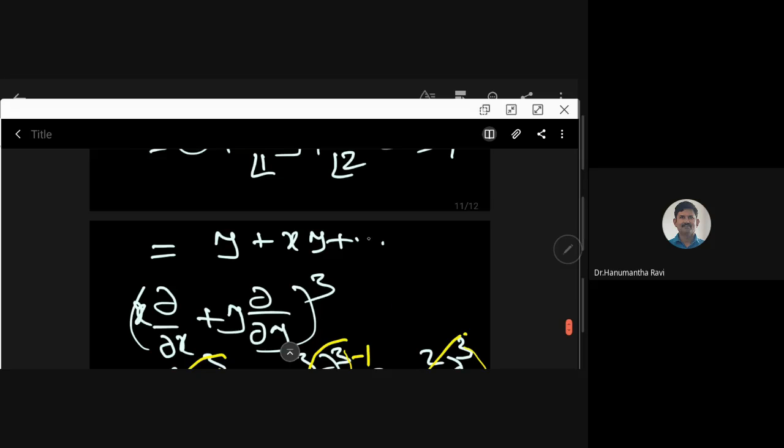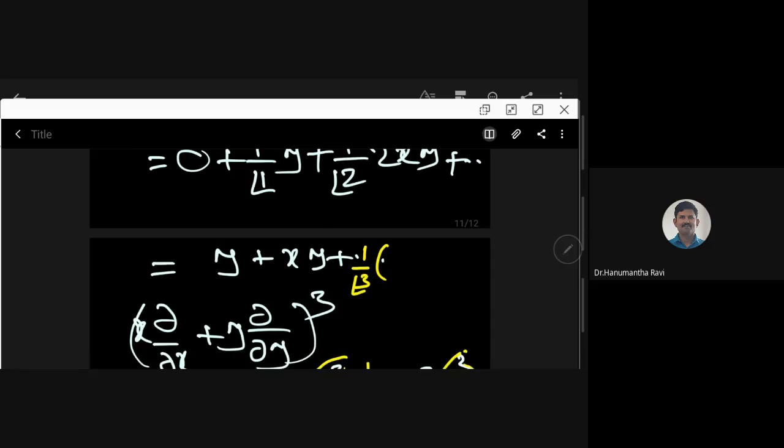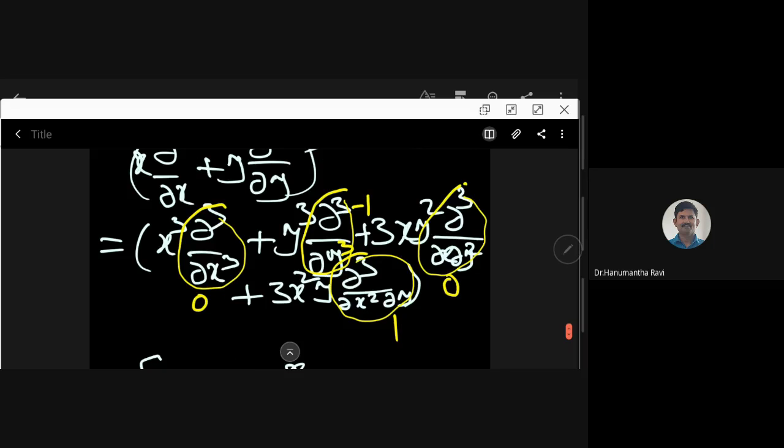So here, 1 by factorial 3 into what will remain?